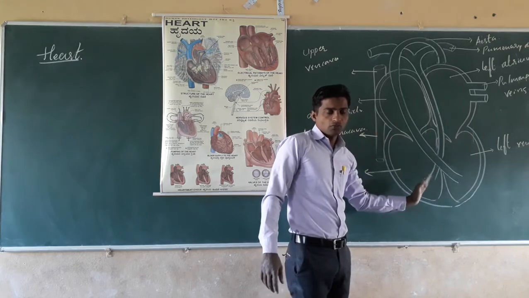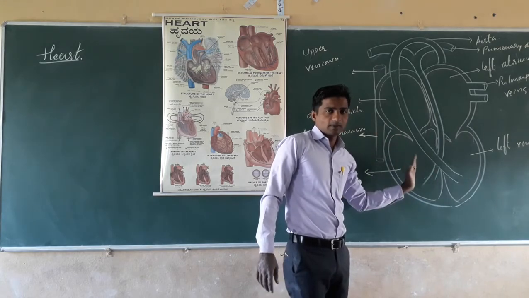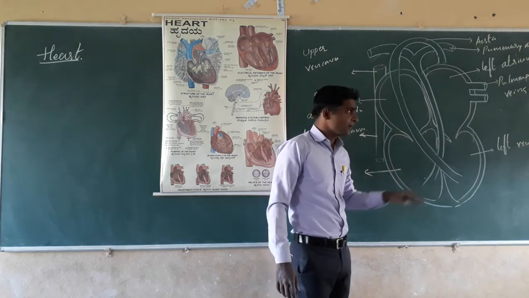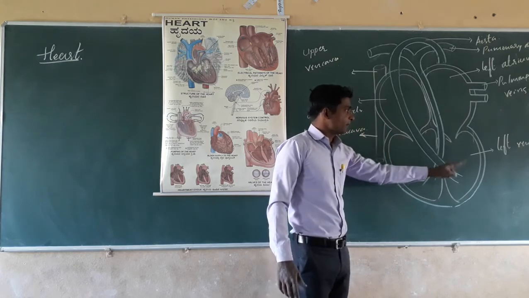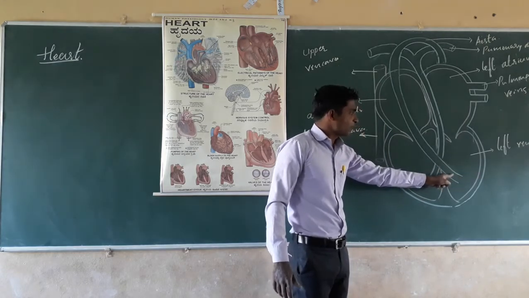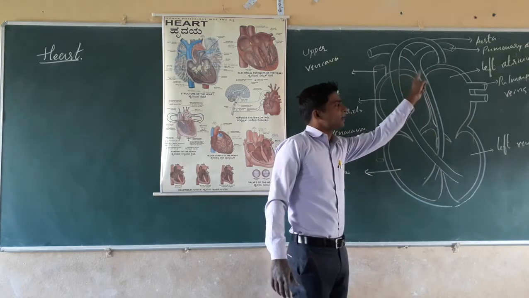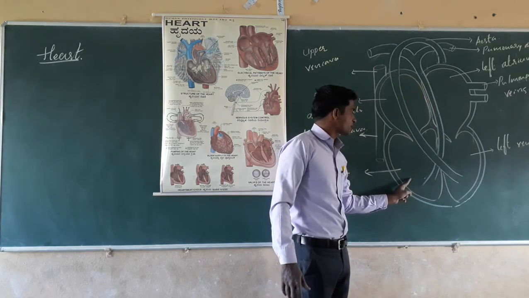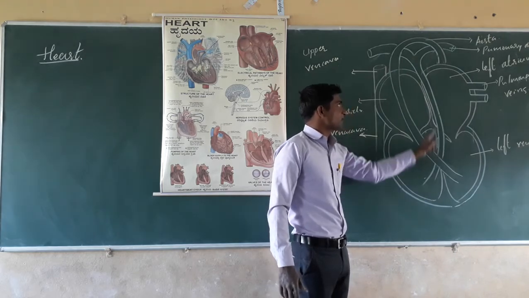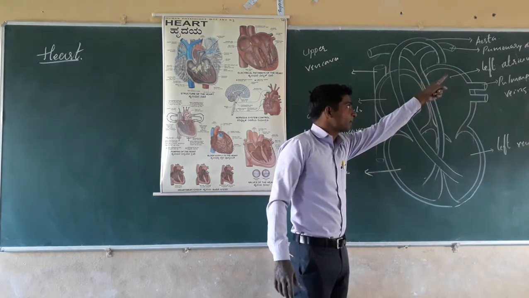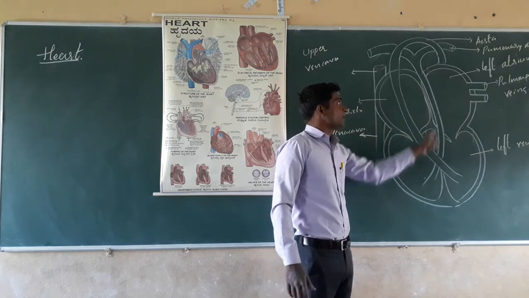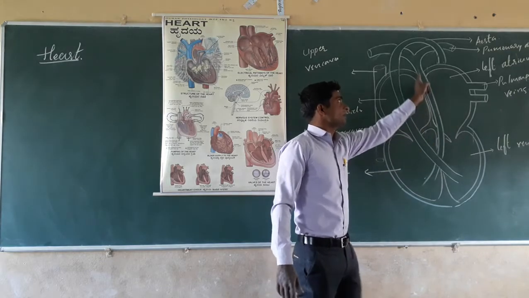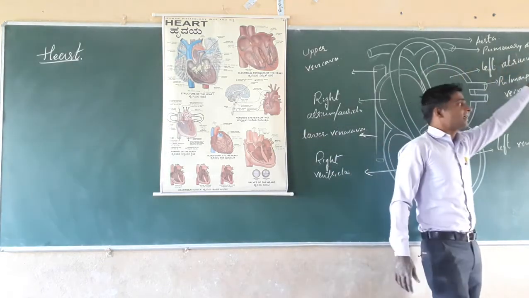These are the four different sub chambers. From the left ventricle, a blood vessel originates. That blood vessel is called the aorta. And from the right ventricle, a blood vessel originates, called the pulmonary artery.